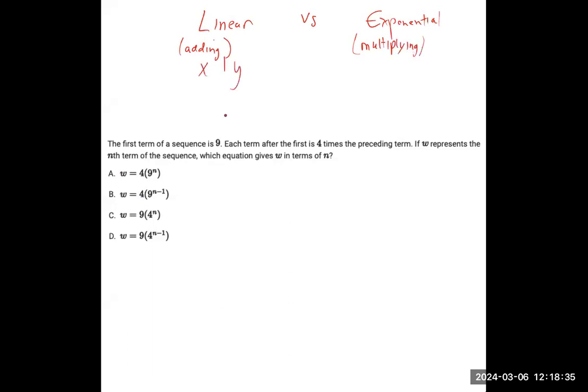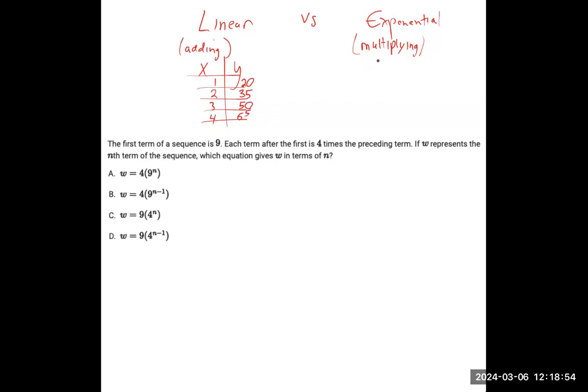So a linear XY table would look like this: 1, 2, 3, 4, 20, 35, 50, 65. In other words, we're adding 15 every time.